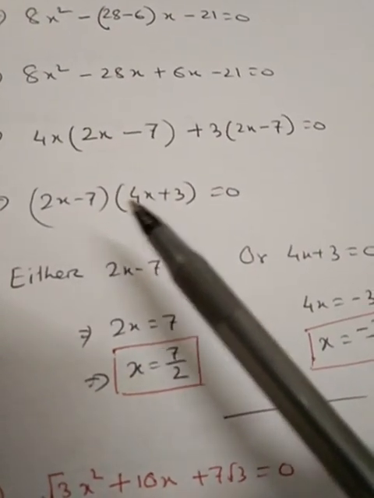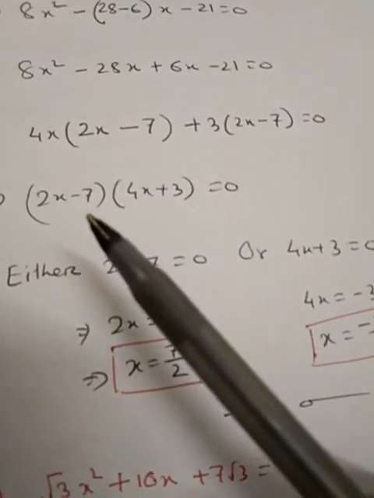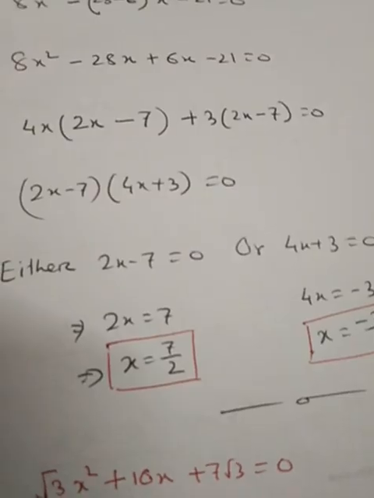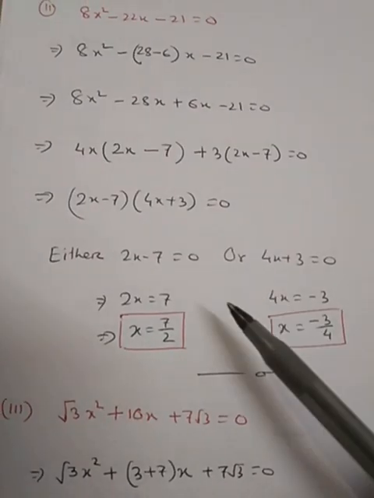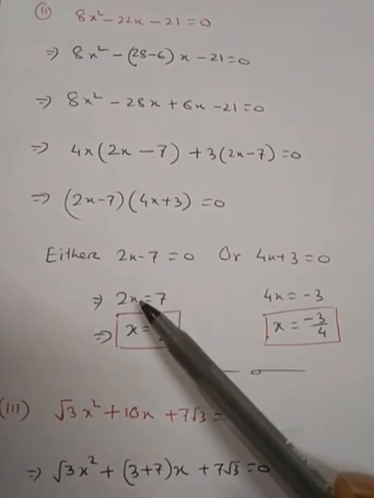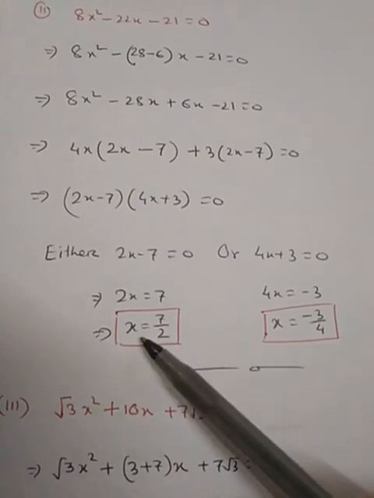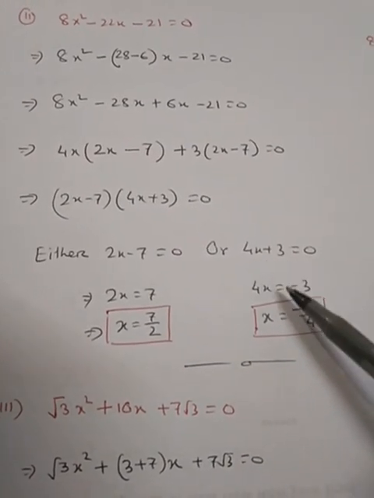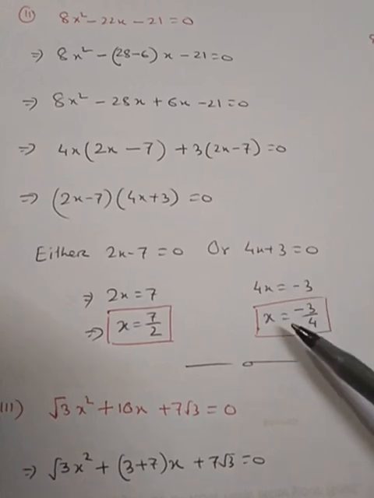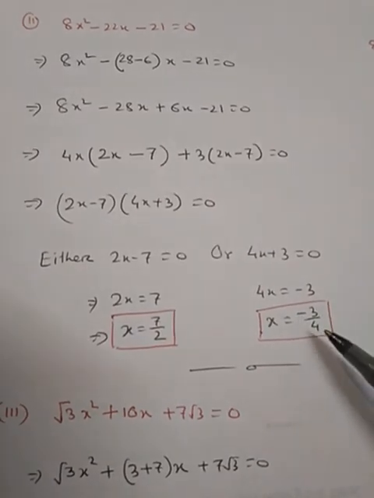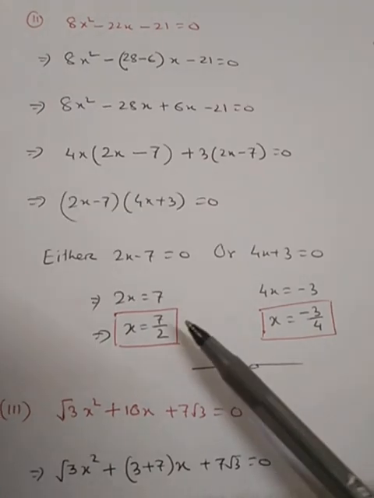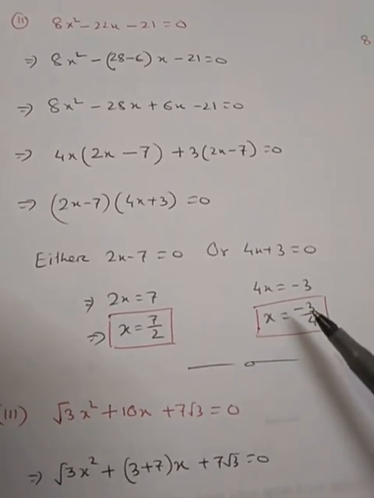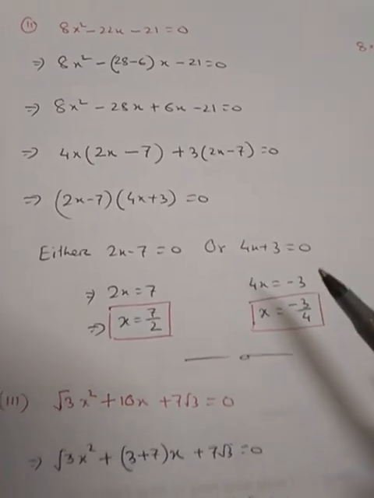So the product of two terms is 0, that means either the first part is 0 or the second part is 0. Then from the first part 2x equals 7 and x equals 7 by 2, and from the second part 4x will be equal to minus 3, and then x equals minus 3 by 4. Thus the answers are x equal to 7 by 2 or x equal to minus 3 by 4.